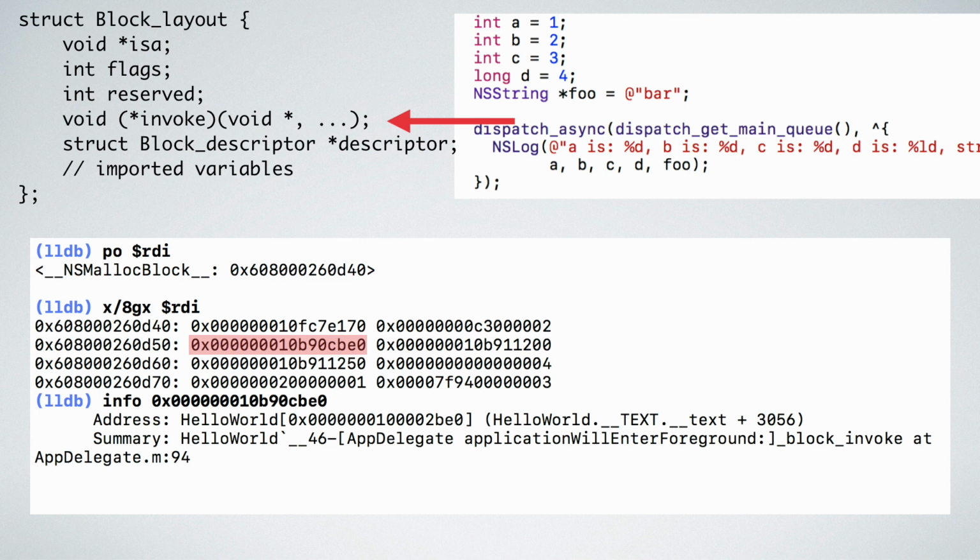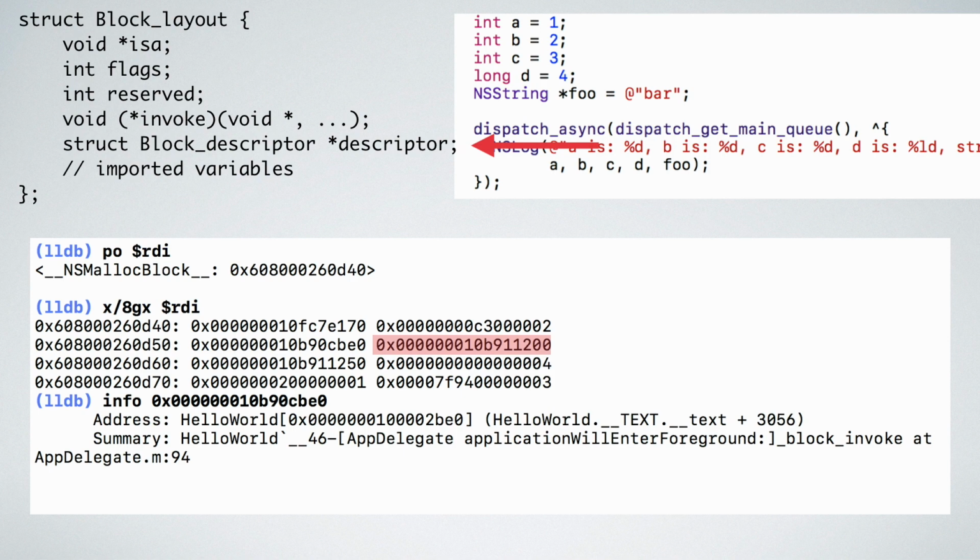By the way, all your code is going to be in this section right here. It doesn't matter for any module, it could be your own code, it could be UIKit or Foundation. It will almost always be there unless you change it specifically. And I can see that this block is going to be in AppDelegate application didFinishLaunching, block invoke. Okay? So that's the actual function pointer for the code.